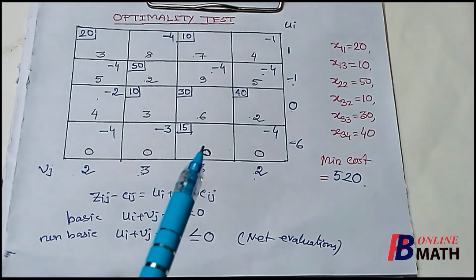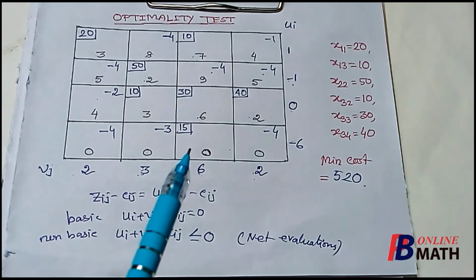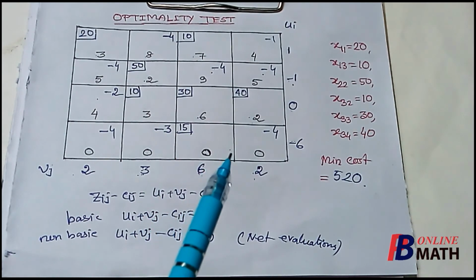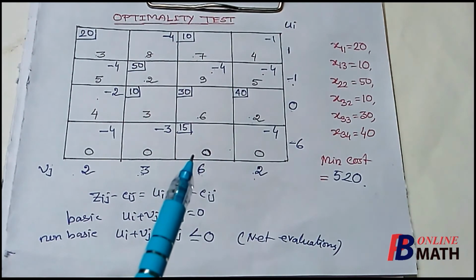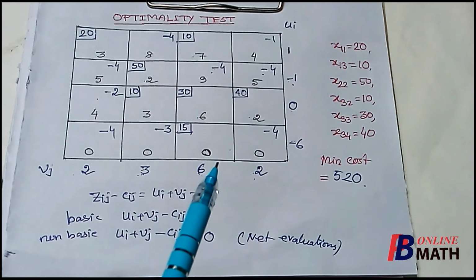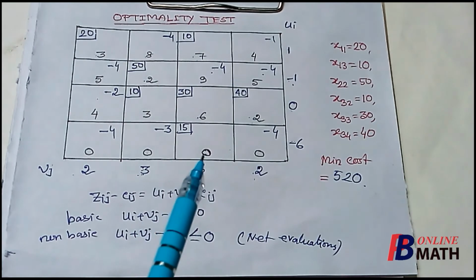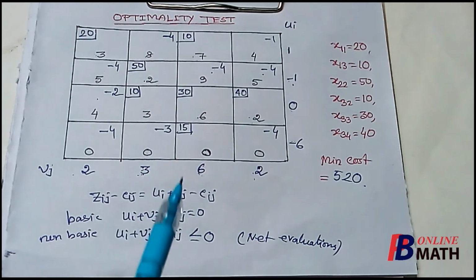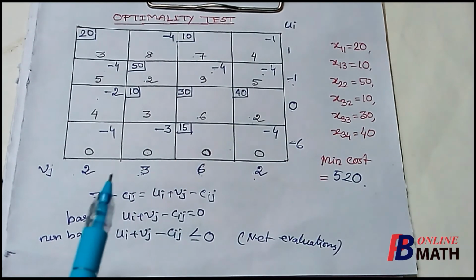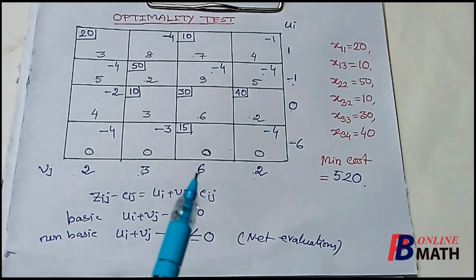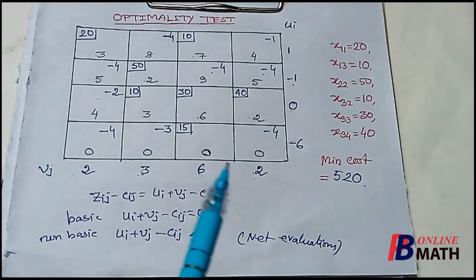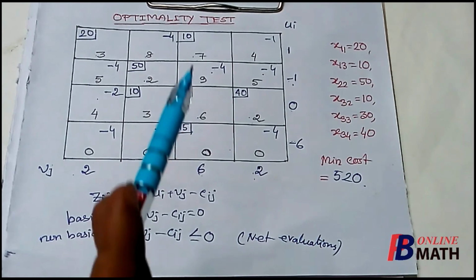So a total of 15 units of demand will not be met. All the demands of the remaining 3 destinations will be met, but 15 units of demand will not be met for the destination D3.